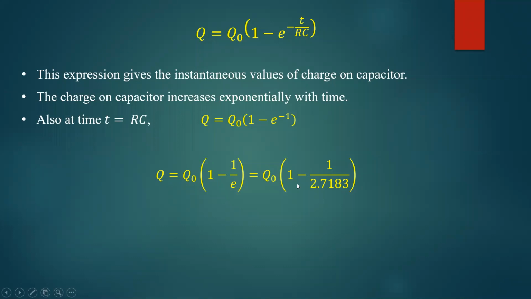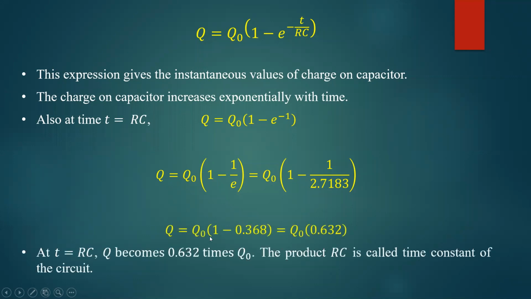What is the value of this e? That is 2.7183. If you substitute and calculate, you will get Q is equal to Q0 into 1 minus 0.368, that is Q0 into 0.632. So at T equal to RC, charge on the capacitor will be equal to 0.632 times the maximum charge Q0.